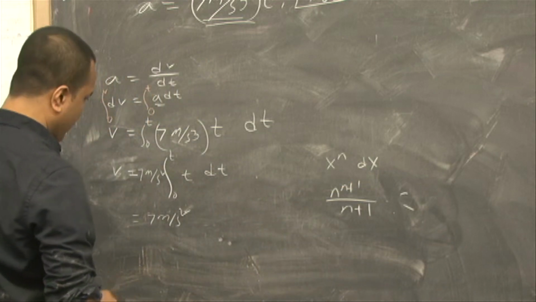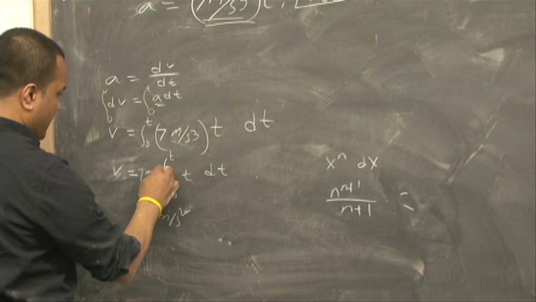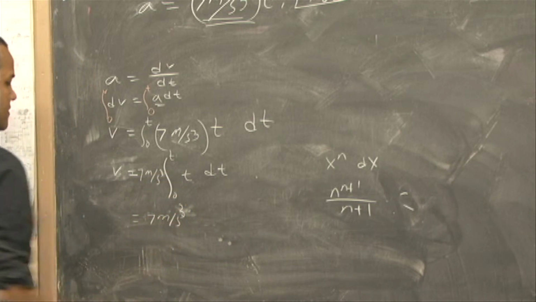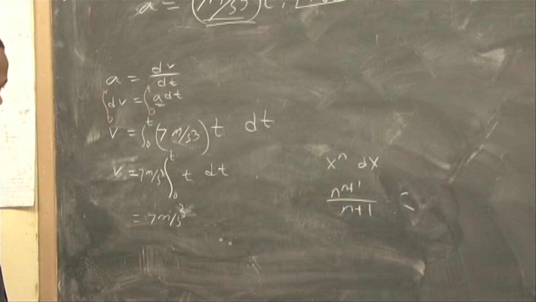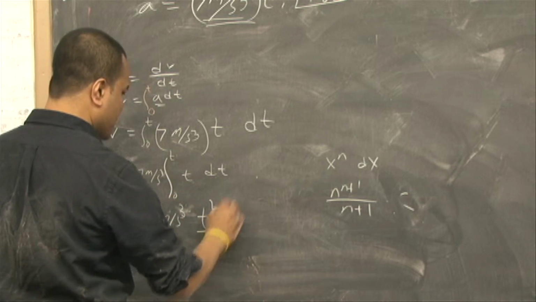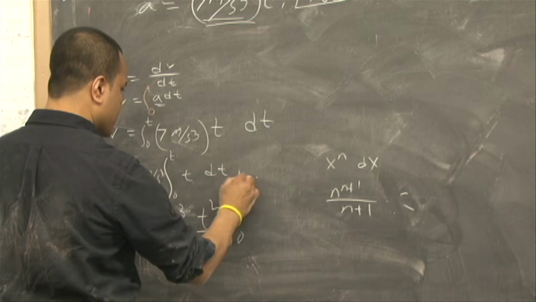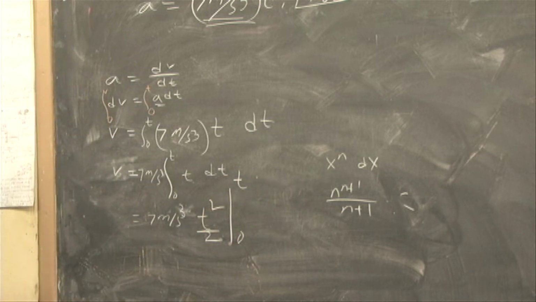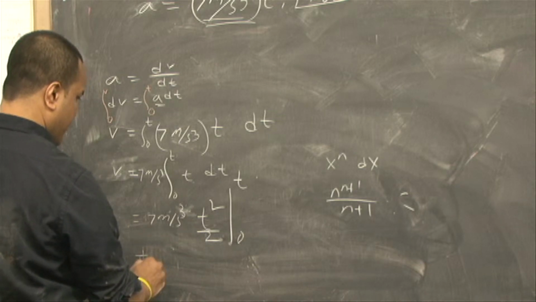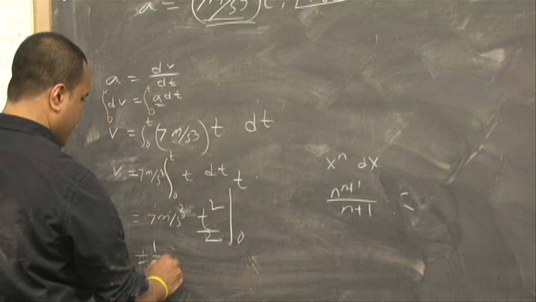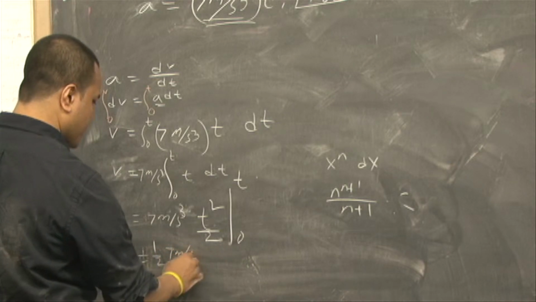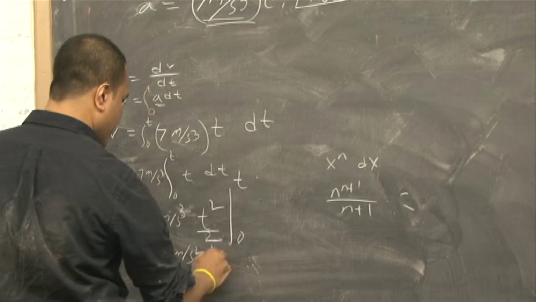So, oh, this is second squared. You cannot mess with your unit. So t squared over 2, from 0 to t. All right, so now we get 1/2 times 7 meter per second cubed times t squared.